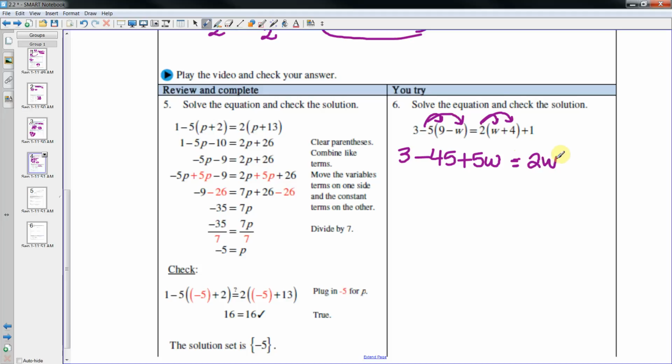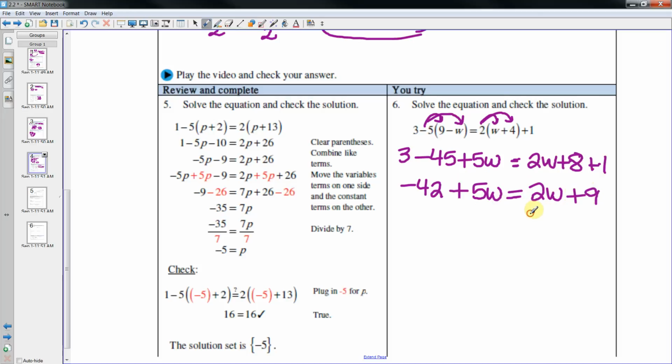Get 2w plus 8 plus 1. Alright, let's see what we can put together. 3 minus 45 gives me minus 42 plus 5w equals 2w, can't do anything with that. 8 and 1 gives me a positive 9.